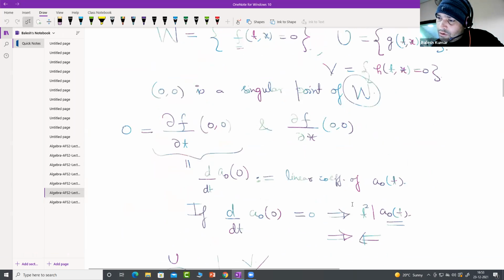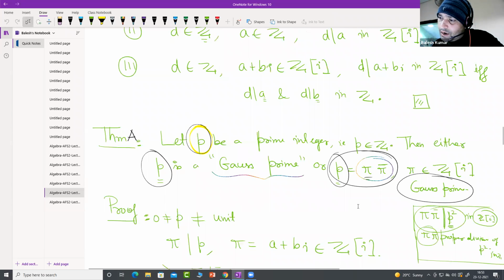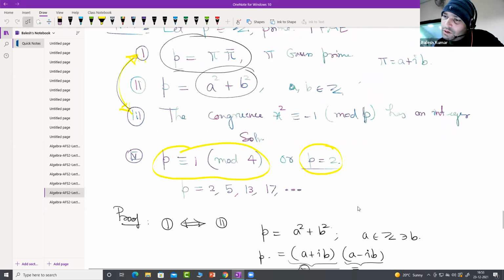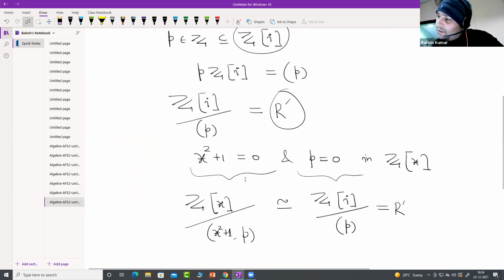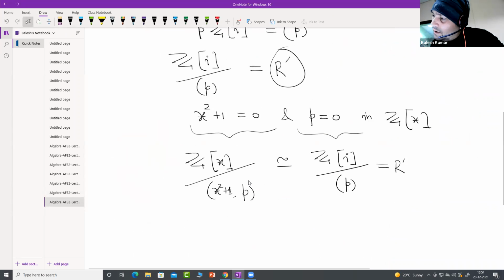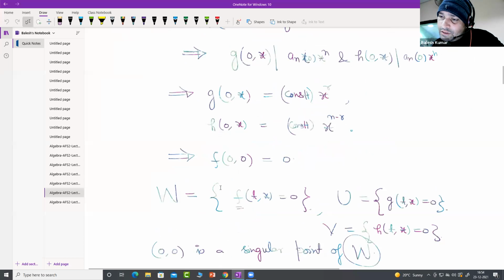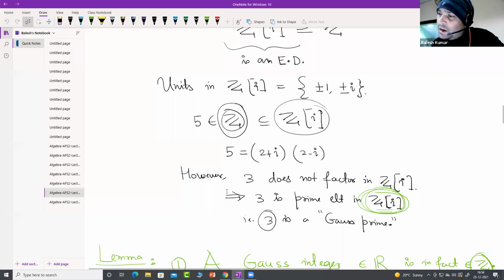So here I have the notation R' taken to be Z[i] mod p. What I would like to comment is that a priori it is not clear that this will be a field, and in fact this lemma says that R' may not always be a field.